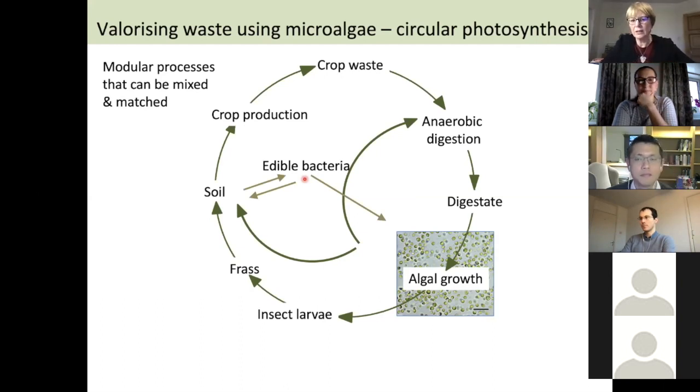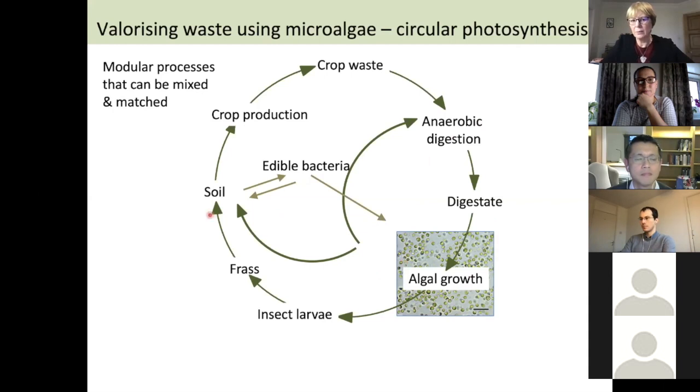We can actually even consider growing microalgae using different waste streams and then use them in anaerobic digestion, and we've shown that that works as well. Or we could use them directly as a fertilizer onto the soil.